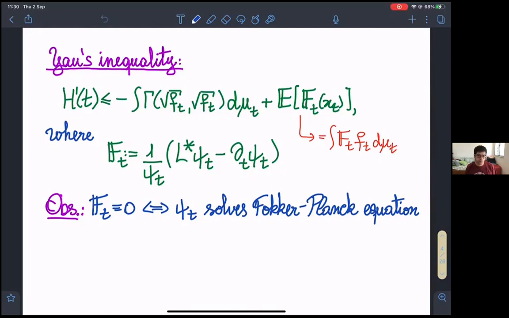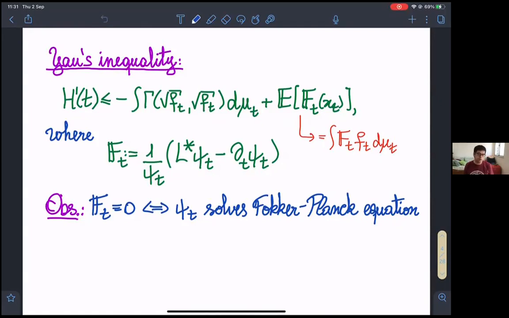So here, with this observation, we recover something which is also true, but maybe not as well known as the fact that entropy decreases in time. So this is something where probably we all know that the relative entropy of the law of a Markov chain with respect to the invariant measure is decreasing in time.